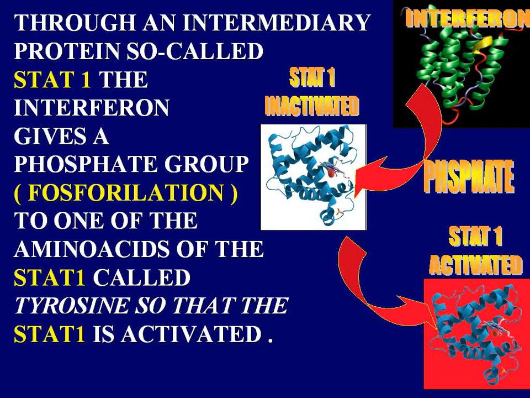Through an intermediary protein, so-called STAT1, the interferon gives a phosphate group, phosphorylation, to one of the amino acids of the STAT1 called tyrosine, so that the STAT1 is activated.